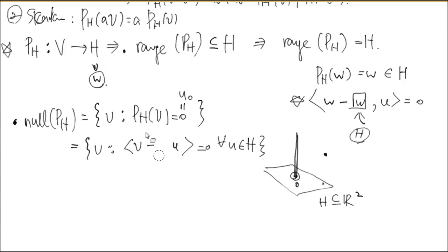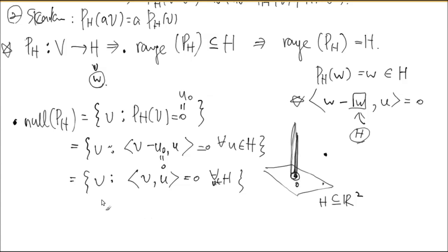That U0 is 0, right? So we're looking at V such that V minus this orthogonal projection is orthogonal to everything that is in H. Correct? So this is quite a simple condition: the collection of all the vectors that are perpendicular to everything that is in H. In this case, everything that is perpendicular to H is this line right here.